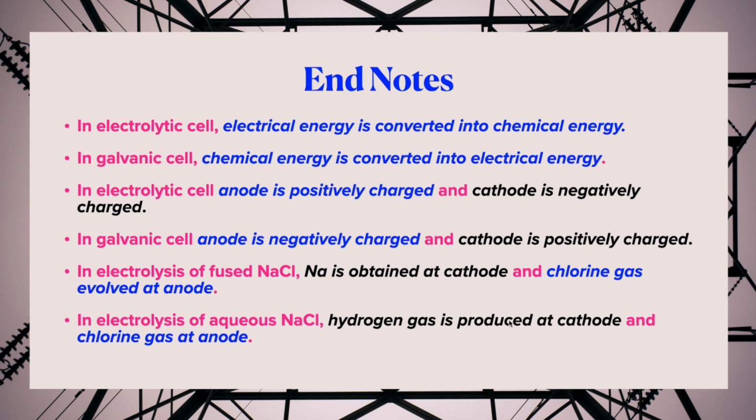The difference between these two is, in fused NaCl at cathode we obtain metal, but in aqueous NaCl hydrogen gas is obtained at cathode, and in both these chlorine gas is obtained at anode. You have to remember all these points.